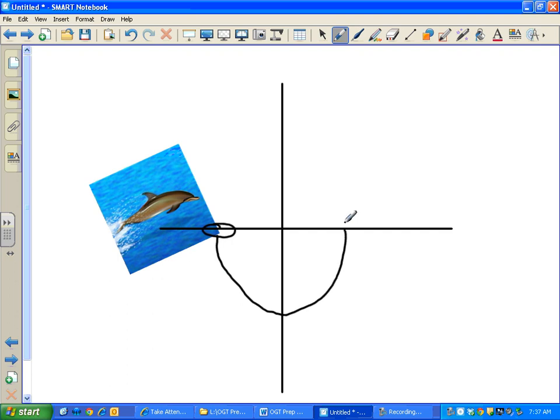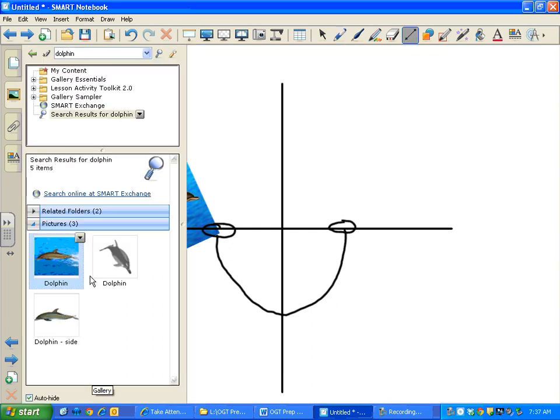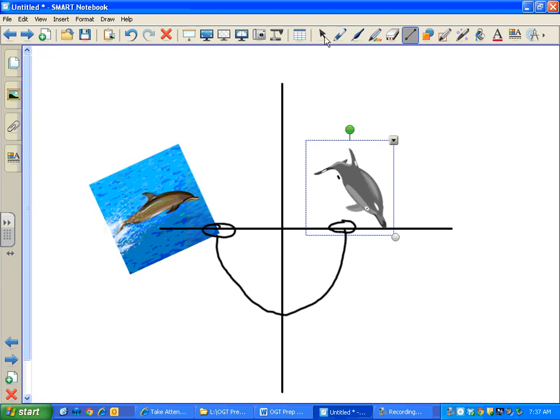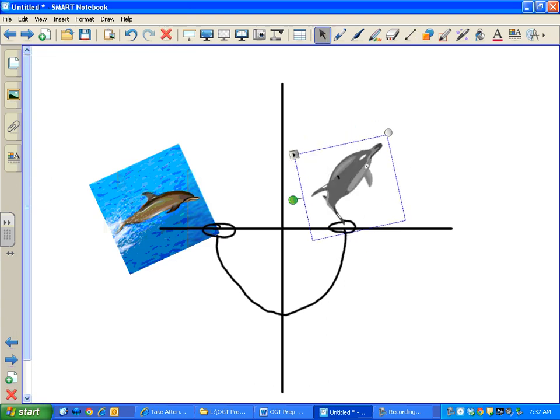Maybe we'll use the other dolphin right now to show how he would jump out of the water. Slow down. So this is how he exits the water. He also doesn't have water with him anymore.